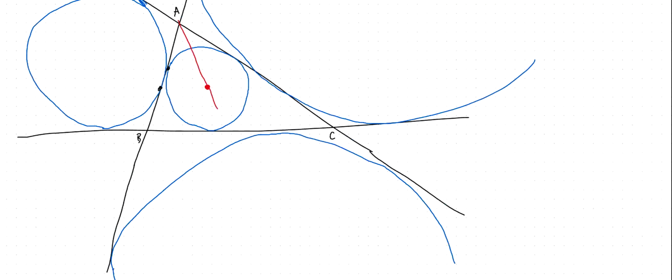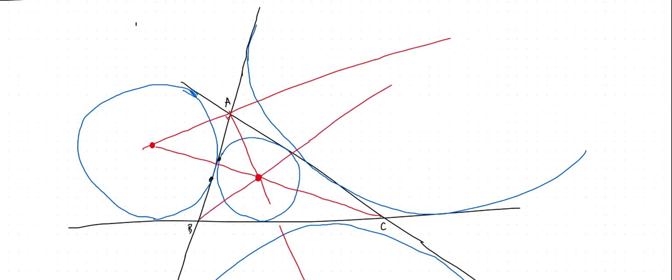So similarly, this angle bisector must go through the center here. And this angle bisector, which is the external one, is orthogonal to this at 90 degrees. These two must be on this angle bisector. And this one must be on this angle bisector.